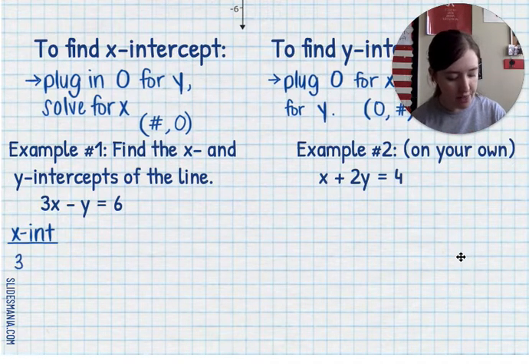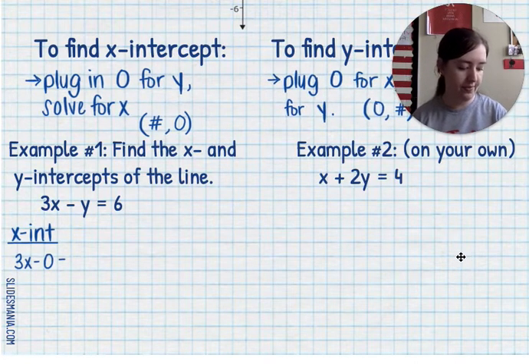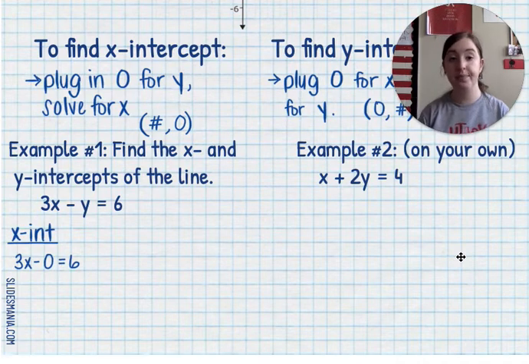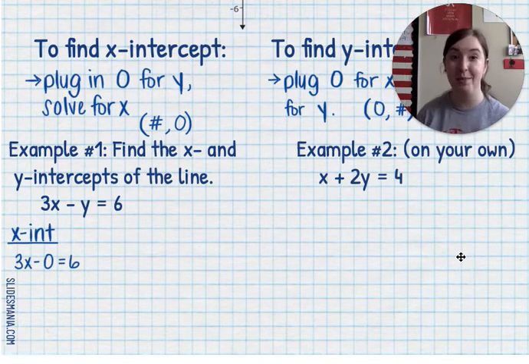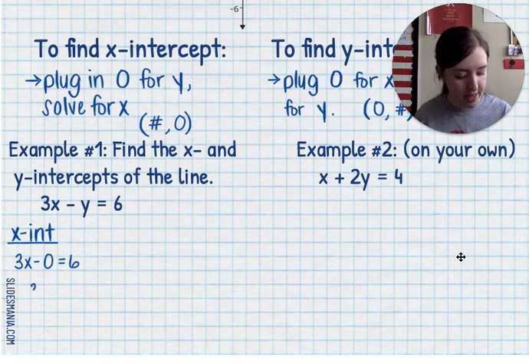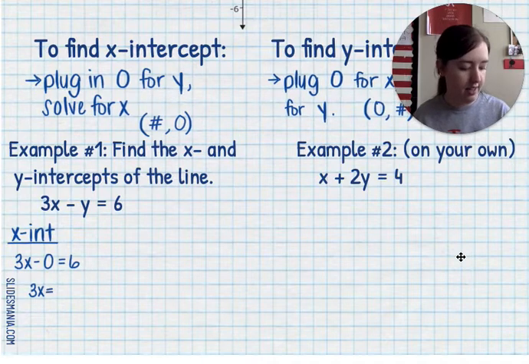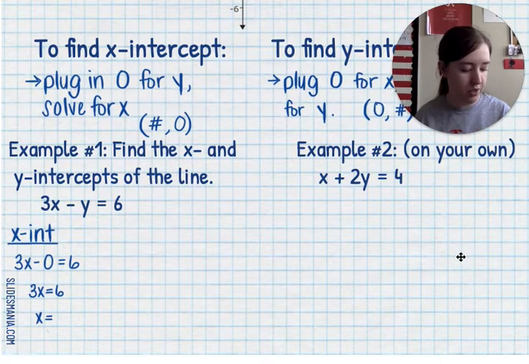So I'm going to have 3x minus 0 equals 6. Well, you might not have needed to go through that step because you might have been able to see, if I plug in 0, the y just goes away, right? Absolutely. So then we end up with 3x equals 6. Divide by 3, and we know that x equals 2.